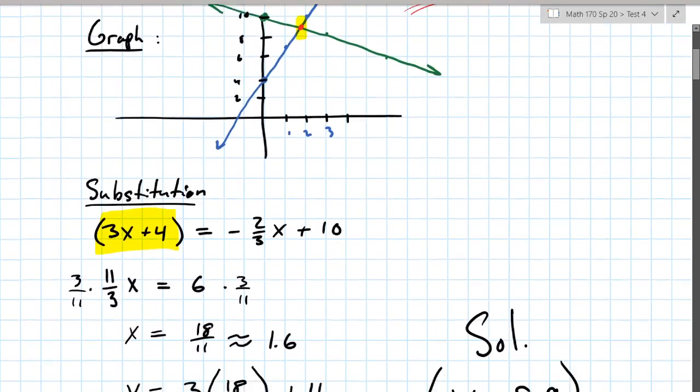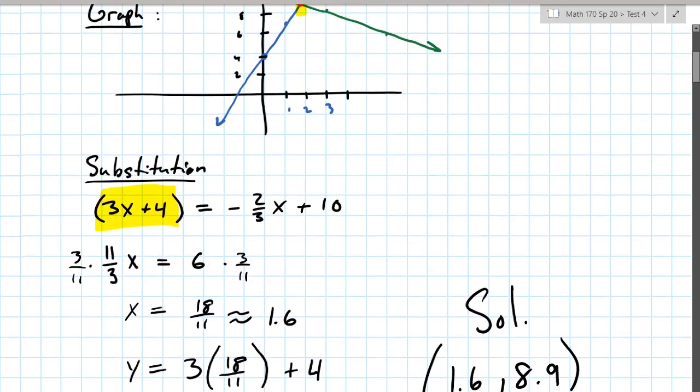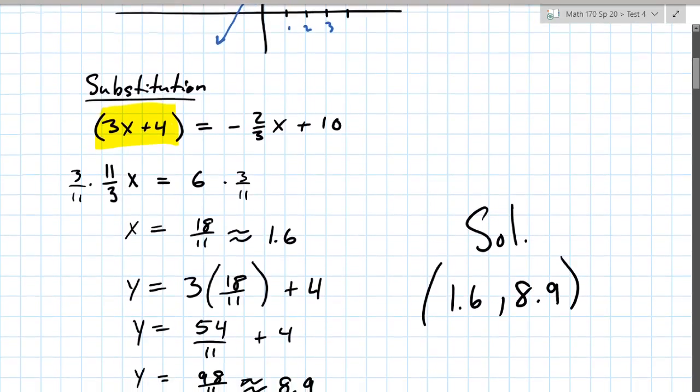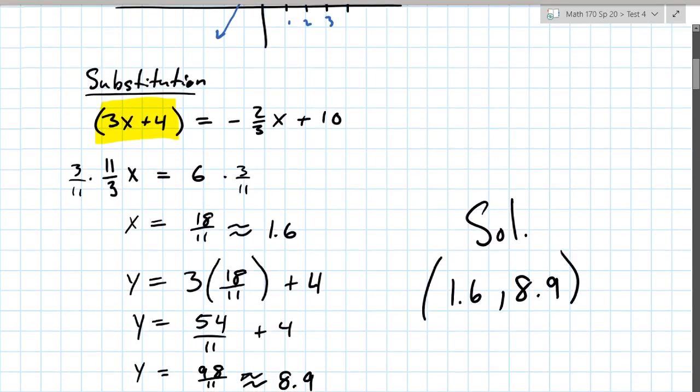And then for this problem, we can just solve it algebraically. Combine like terms, collect like terms. So if we add the 2/3 x to both sides, combine like terms, subtract the 4 over to the other side, combine like terms, multiply by the reciprocal, gives us x equals 18/11, which is approximately 1.6.